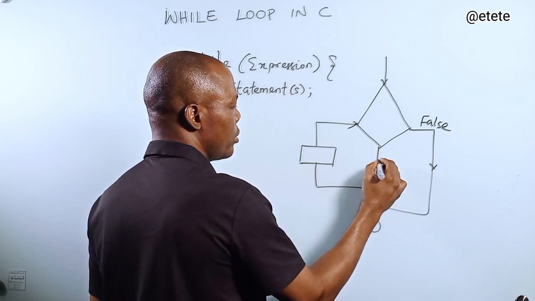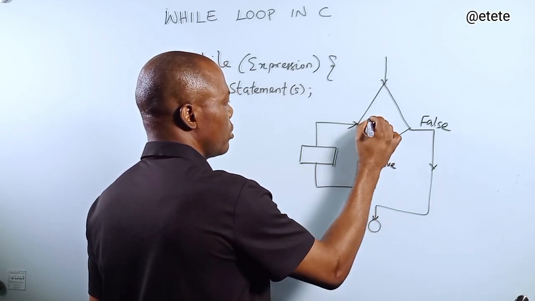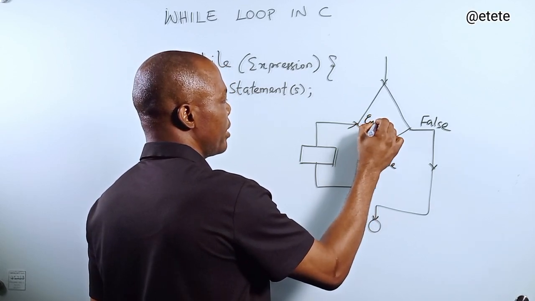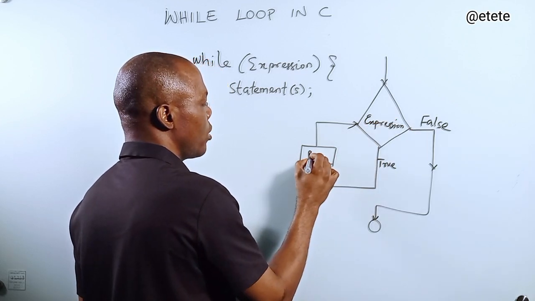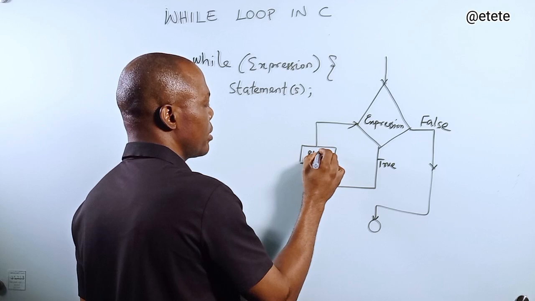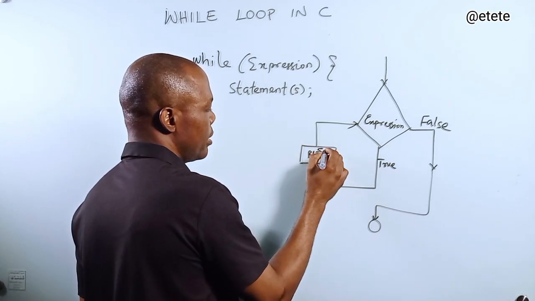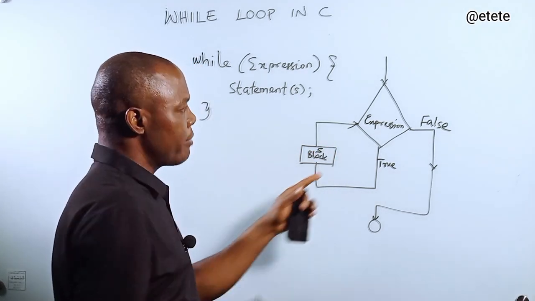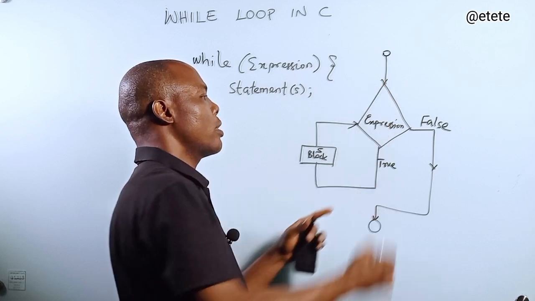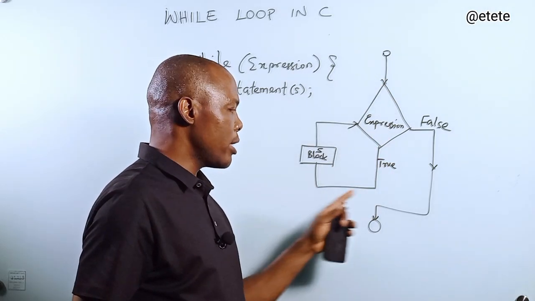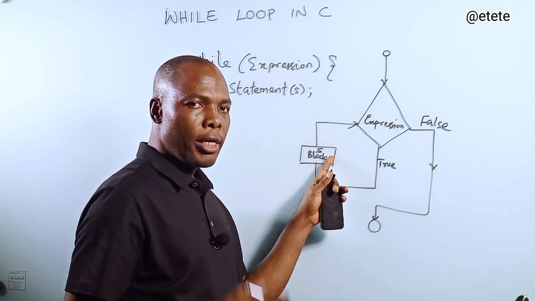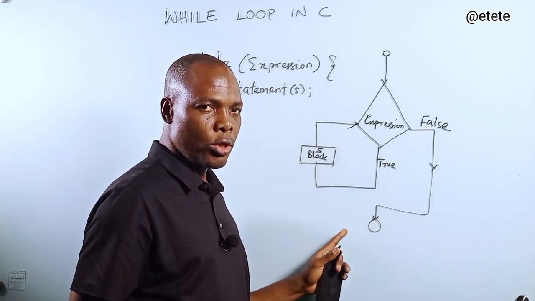But if the condition is true, you are looking at the expression or condition inside here. Now, this is the block of code, which is the statement S. If the condition is true, you are going to test it first, then it will execute this block of code. If the condition is false, nothing is going to happen.